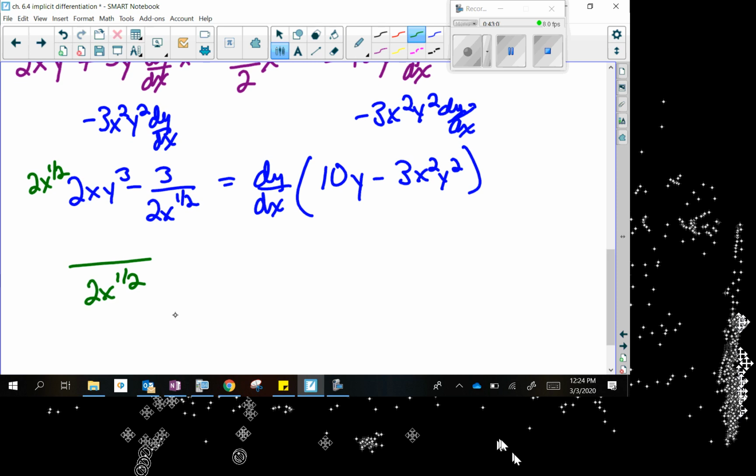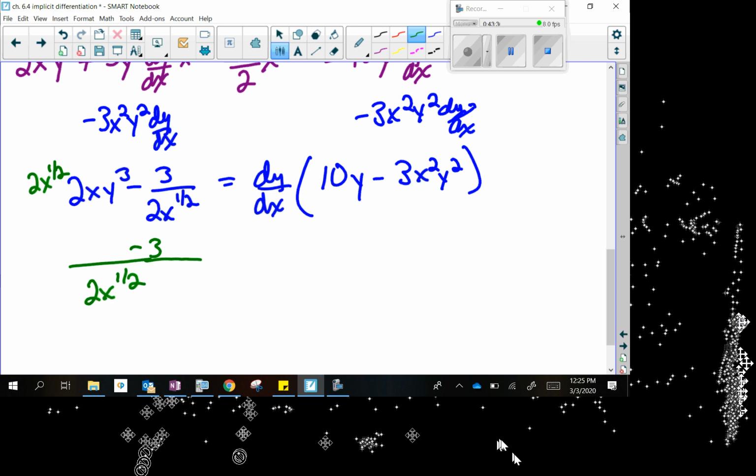Okay, so when I want to rewrite this term, I can keep my negative 3, because this stays. What does this become? This is 4. X to the 1/2 times x gives me x to the 3/2 y to the third.